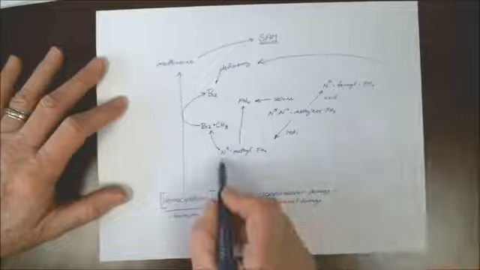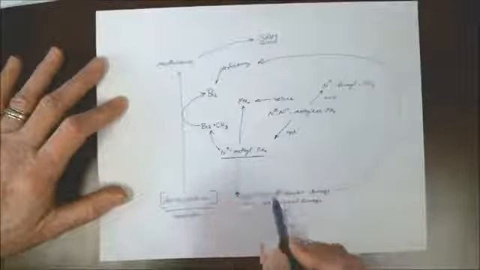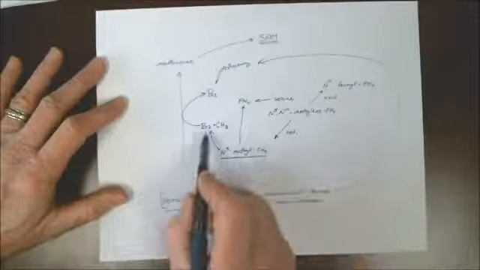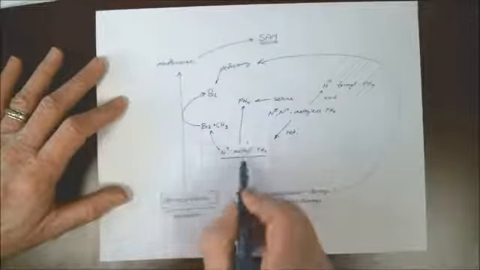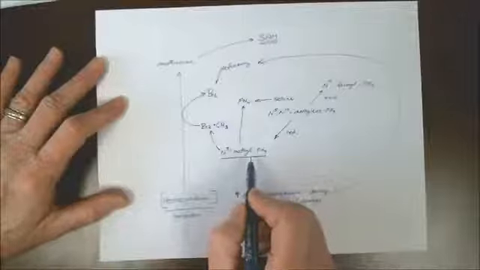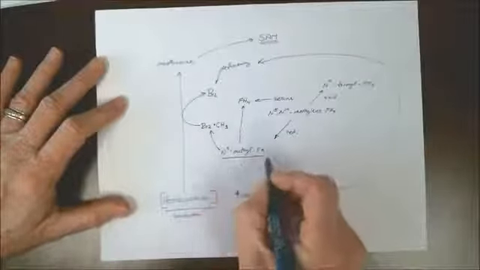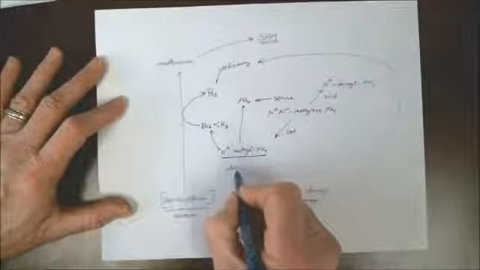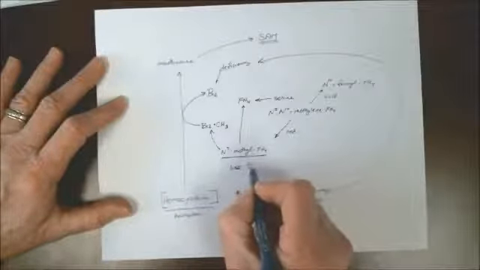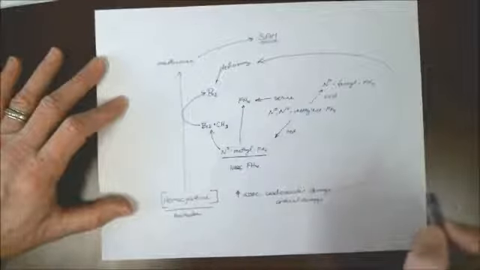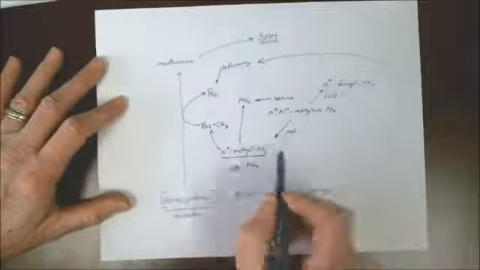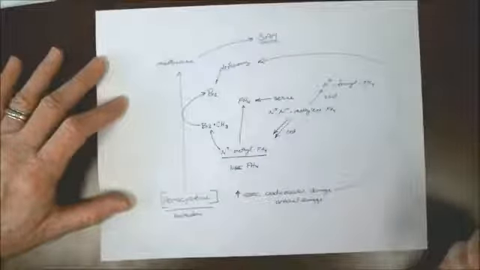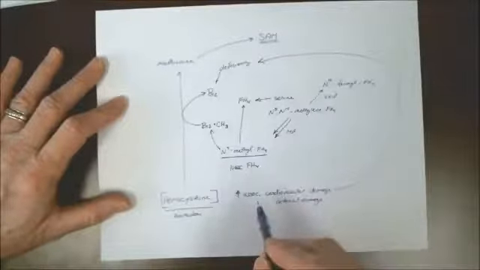We have sufficient N5 methyl tetrahydrofolate available because of this reduction reaction. However, with the absence of B12, we have a buildup of this, which is going to end up resulting in a loss of sufficient amounts of tetrahydrofolate because this reduction reaction is preferred over oxidation.